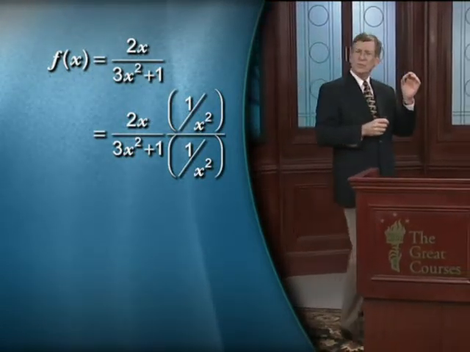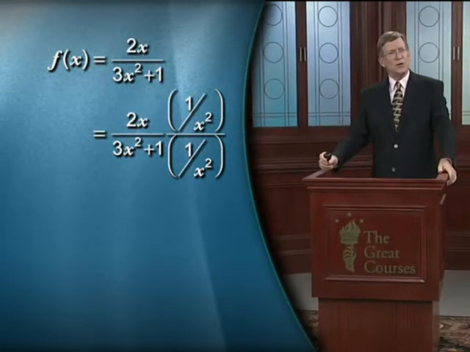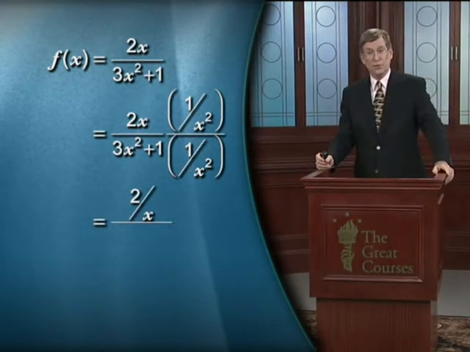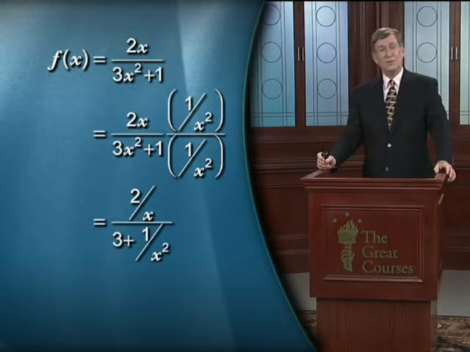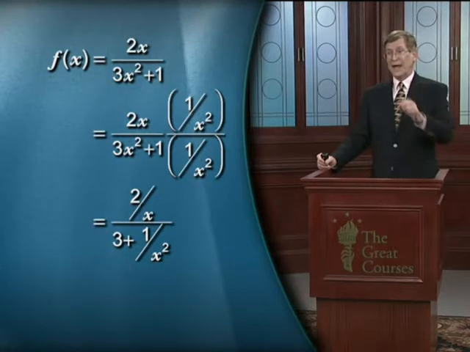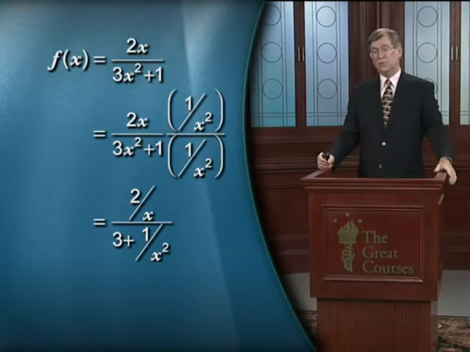What happens to the numerator? 2x times 1 over x squared is just 2 over x. And the denominator becomes 3x squared times 1 over x squared, so that's just 3, and then plus 1 over x squared.